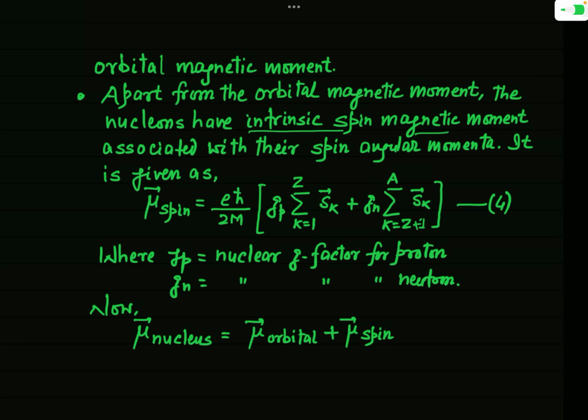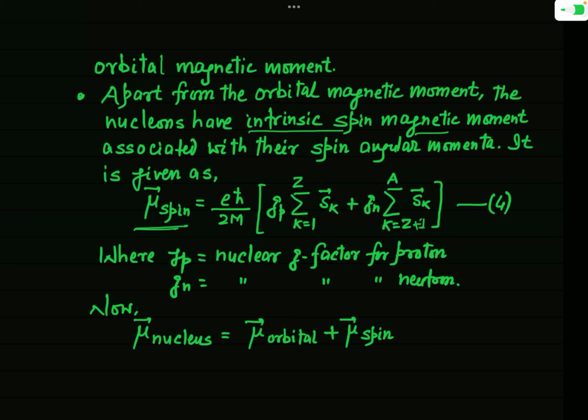So if you want to find the total spin magnetic moment of a nucleus, what will you do? We will simply add vectorially the spin magnetic moments of all protons and all neutrons. So let us see mu spin, which is the spin magnetic moment of a nucleus.